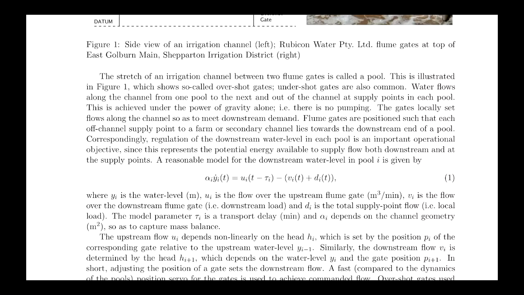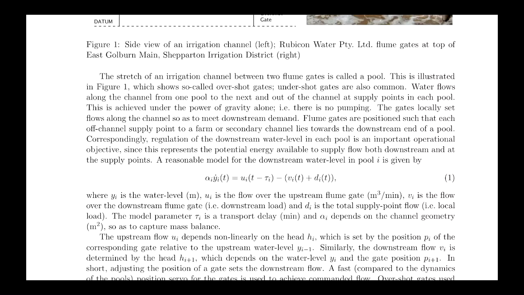Gravity is a force, and it will relate to conservation of momentum, and we're not accounting for that in this simplistic model. A model is something that we're just going to use to guide control system design.